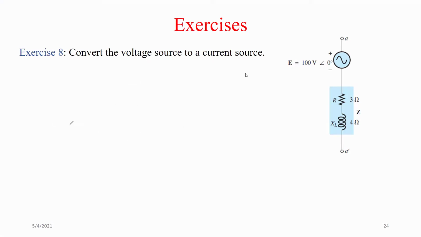So the equivalent circuit is going to be the current source and a parallel impedance. That is the equivalent circuit for the current source.